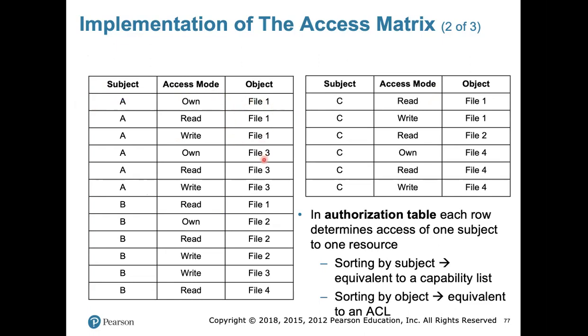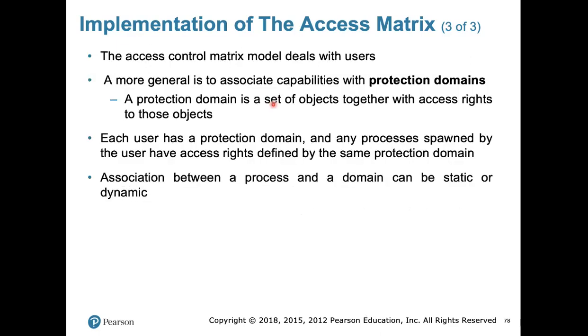You say file 1 and file 3 are one protection domain, with the access right of only reading, and whoever needs file 1 and file 3 with these levels of access will later be assigned to that protection domain. Of course, it makes things easier, and it's being used in some of our real systems. And users are assigned to the protection domain, like I said.